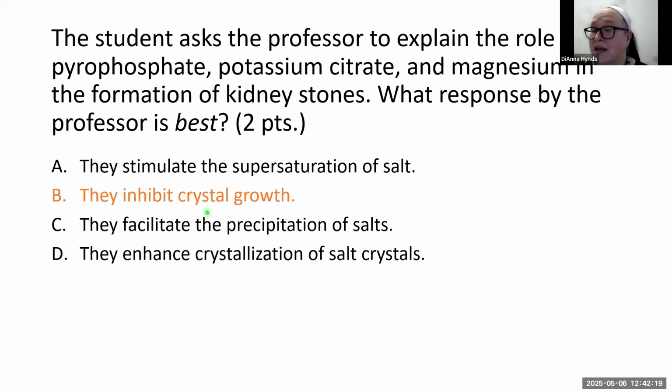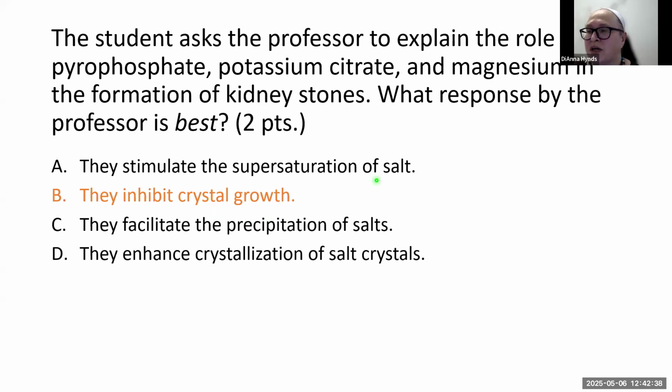So in approaching this particular question, these other 3 things go the opposite direction. So just by the process of elimination, you should be able to get to B. So supersaturation of a salt, that is akin to crystallization.